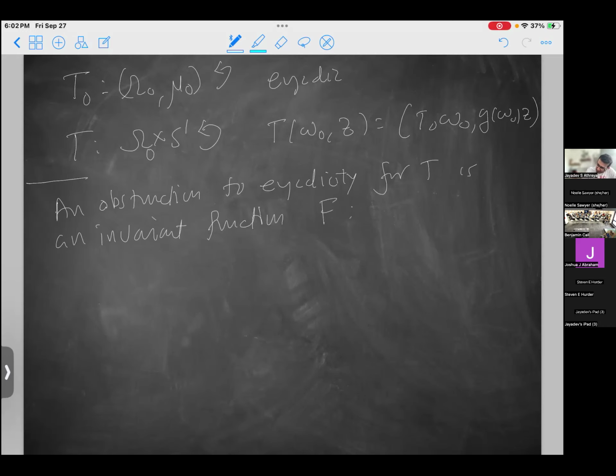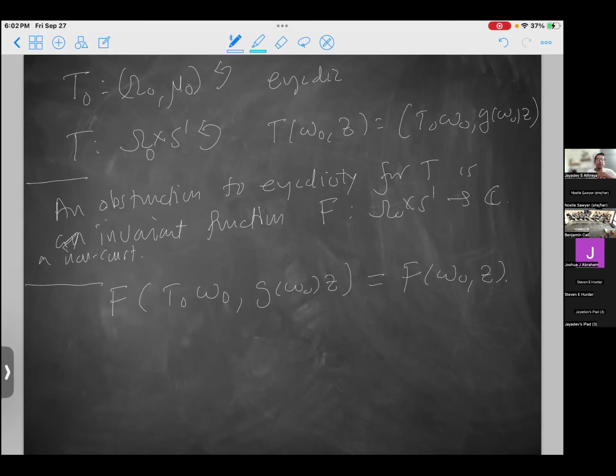Let's say f from omega 0 cross S1 to, let's say, C. If you have a non-constant invariant function, right? But now here's an incredibly powerful thing. What would it mean for a function to be invariant? I want f of (T0 of omega 0, G of omega 0 times z) to equal f of (omega 0, z).